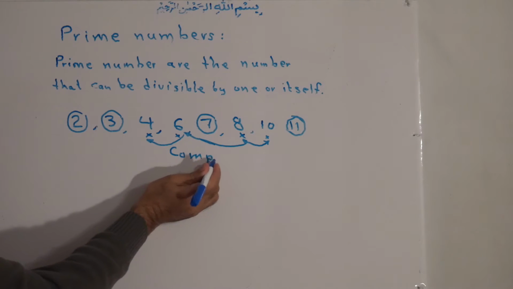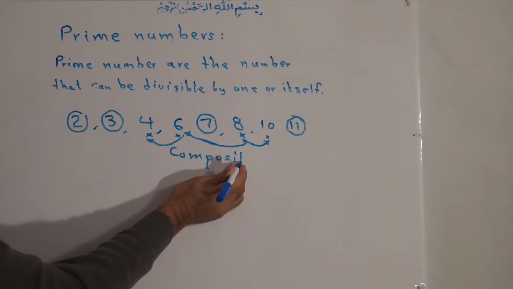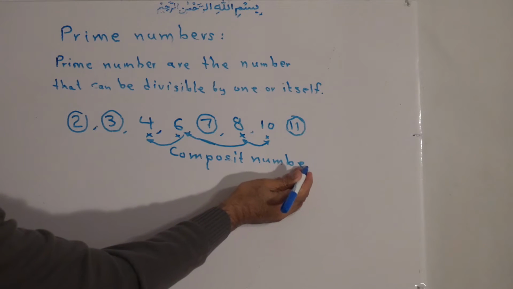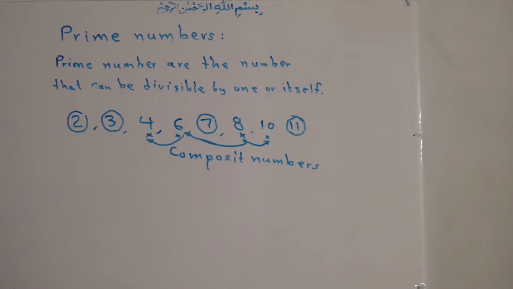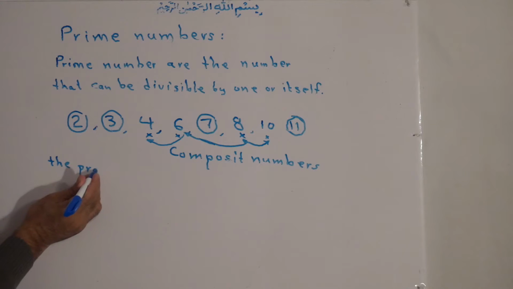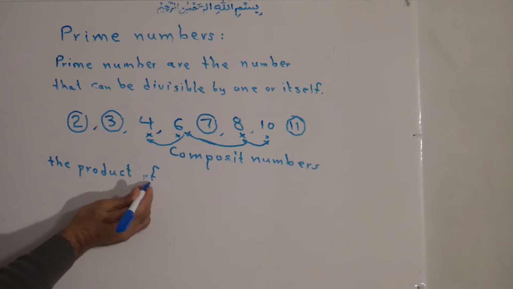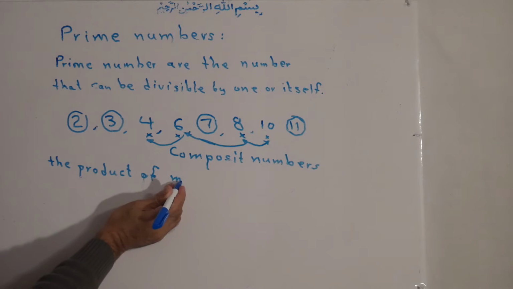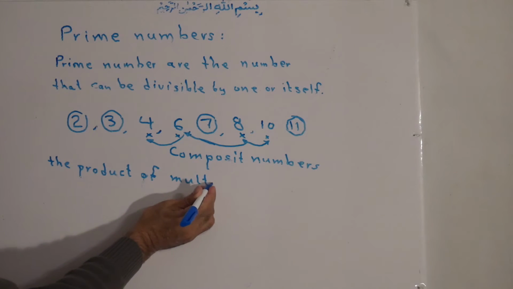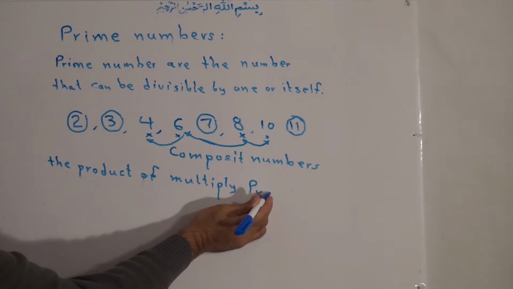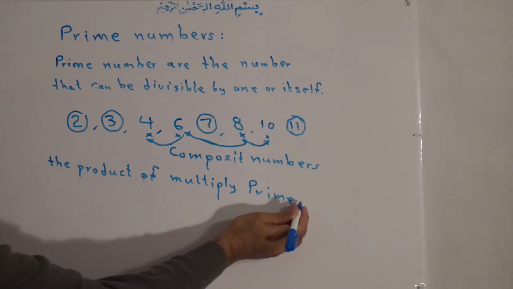Composite numbers are the product of multiplying prime numbers.